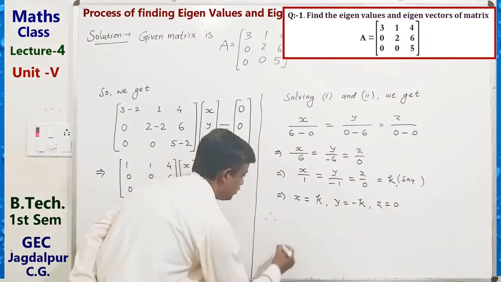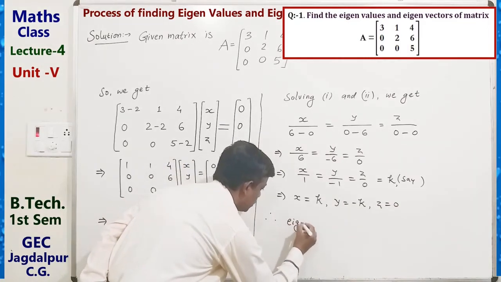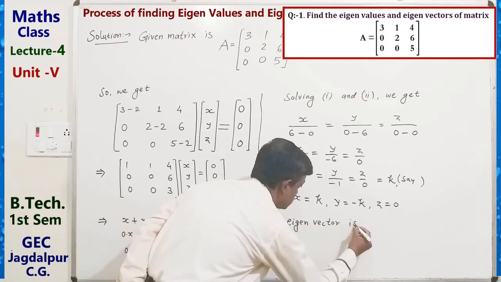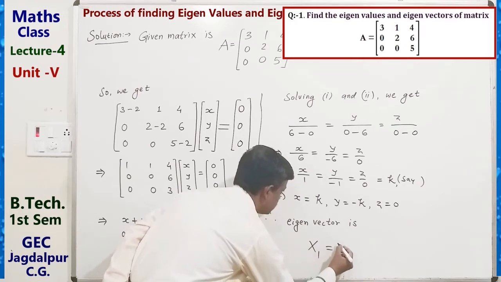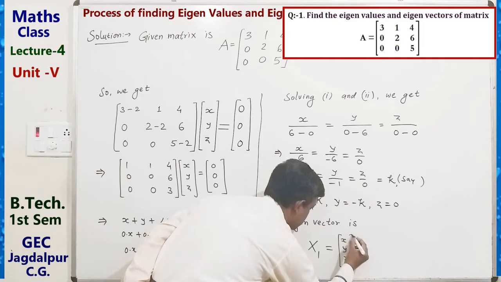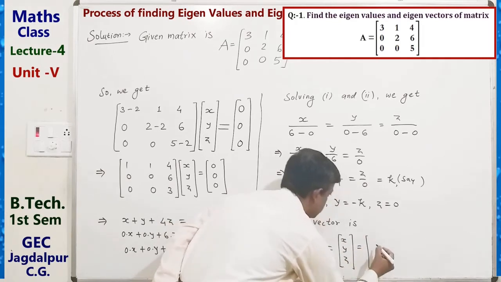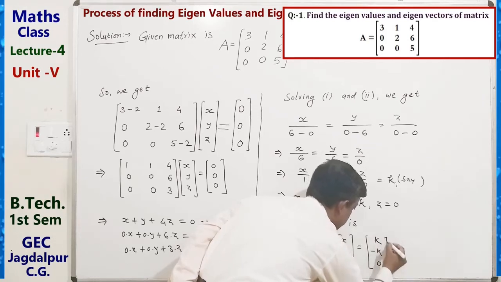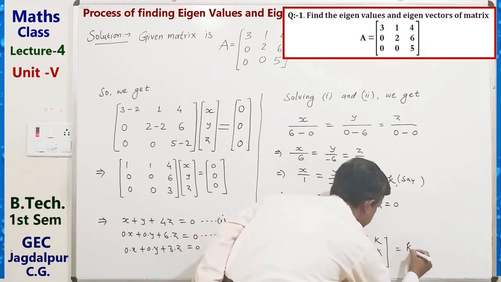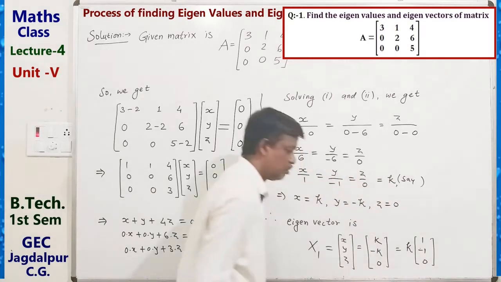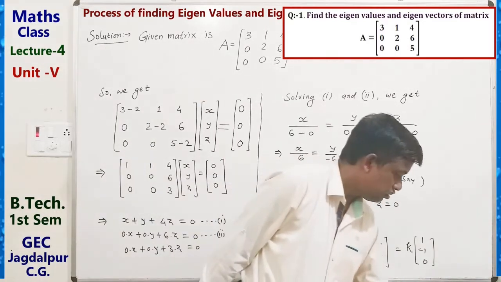Therefore the eigenvector is X1 equals x, y, z, which is k, minus k, 0. You can take constant k common, giving 1, minus 1, 0.